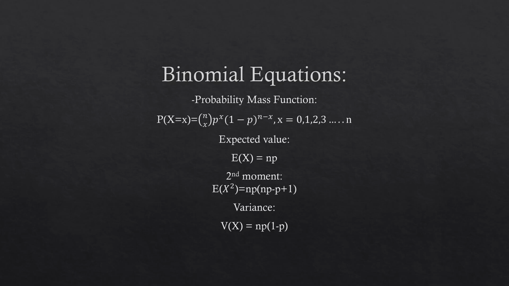And in front of it, we're going to have n choose x, because if you flip a coin 5 times, the different variations of when you get the heads will change your probability. And your expected value is np, your second moment is np times (np minus p plus 1), and our variance is np times (1 minus p).